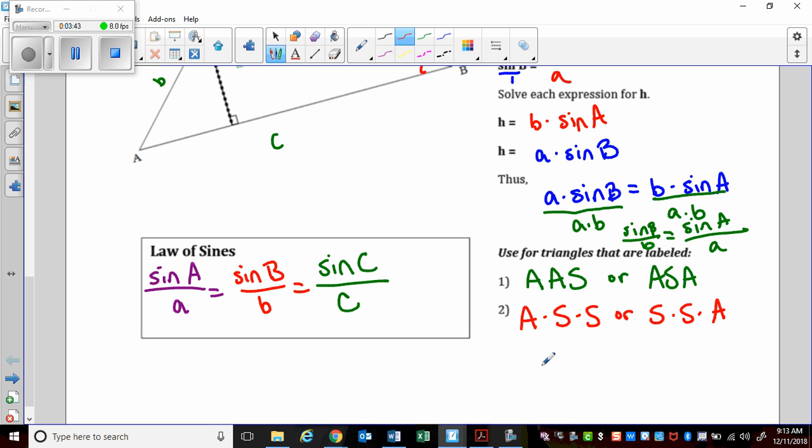Well, there's no bad words in pre-calc either. So this is the one way it doesn't work. We call this the ambiguous case. This one may not work.